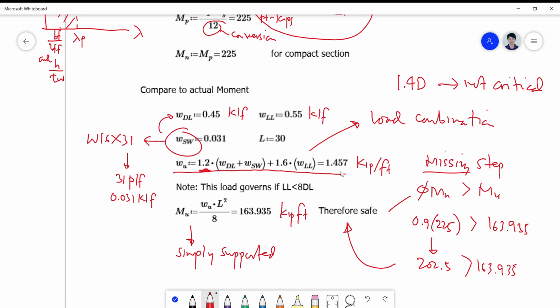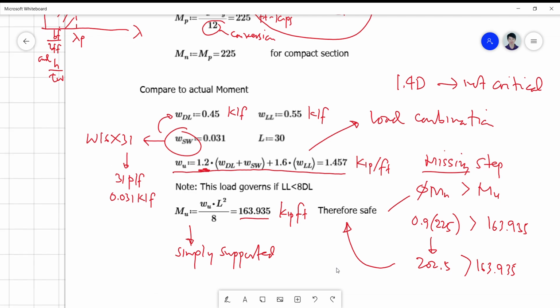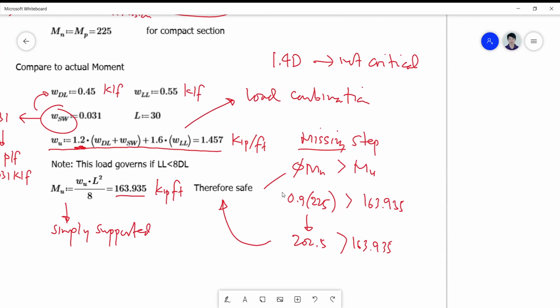So for a simply supported beam, your Mu is wuL squared over 8, and this is now computed to be 163.95. And there's a missing step here. We have to compare always the ultimate load, factored moment rather, with that of your moment capacity phi Mn.